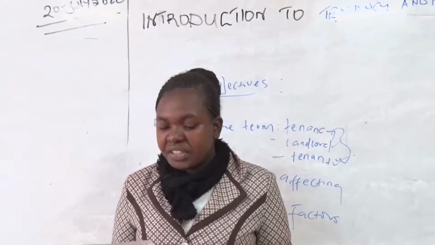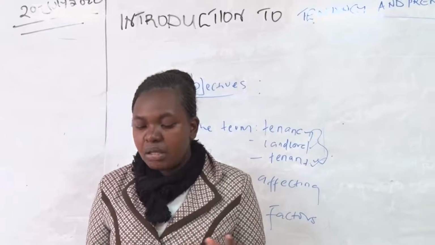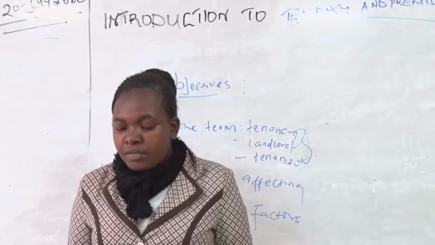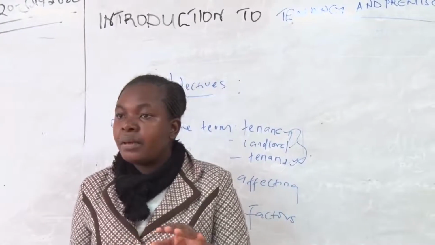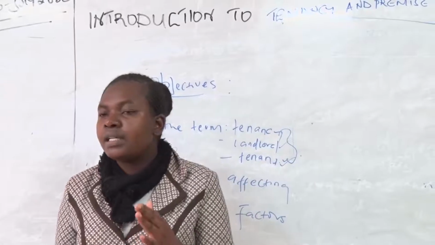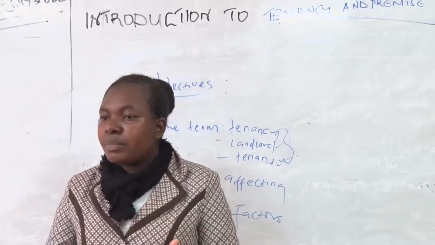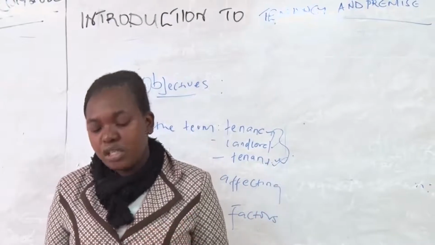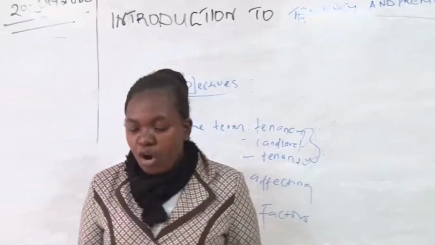You check the doors and windows, whether they can be locked properly and if they are functioning. You look at the house that you want to rent, whether its properties are functioning properly and whether you are comfortable.